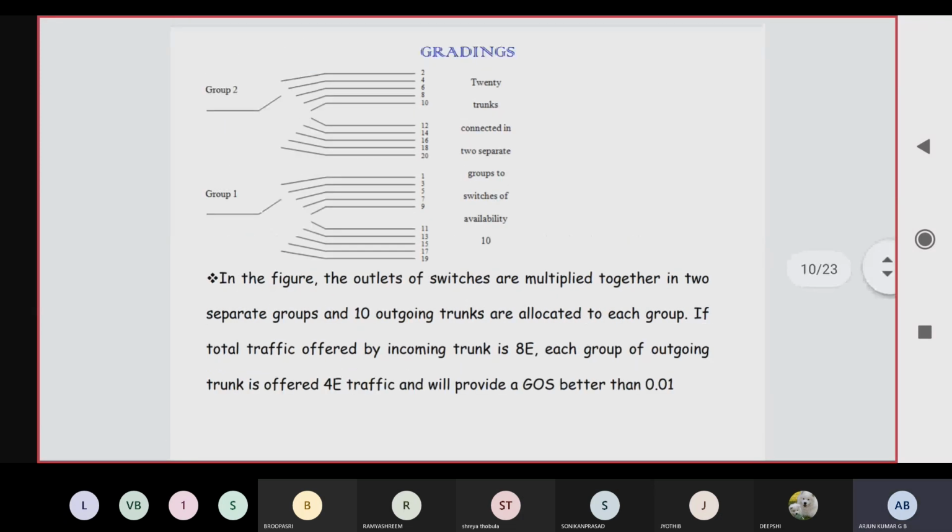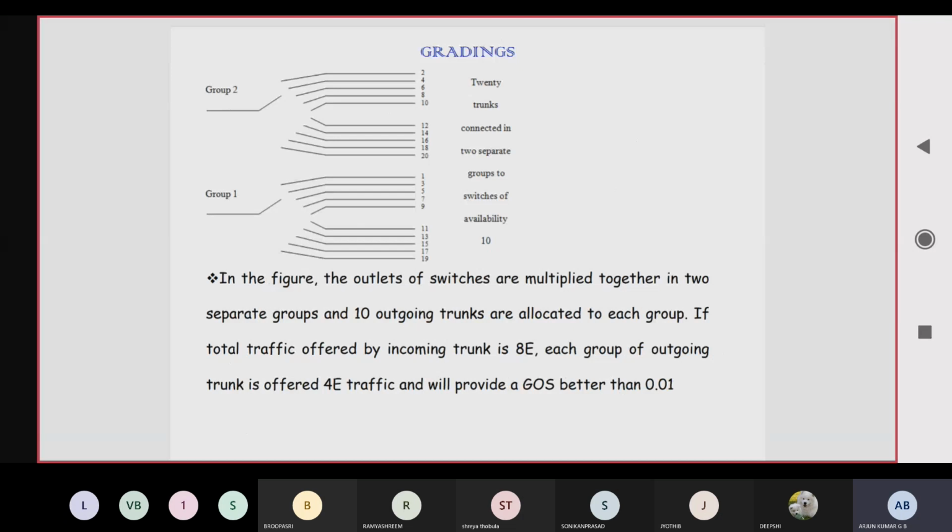Totally there are 20 trunk lines: 2, 4, 6, 8, 10, 12, 14, 16, 18, 20. These are 10 outgoing lines.